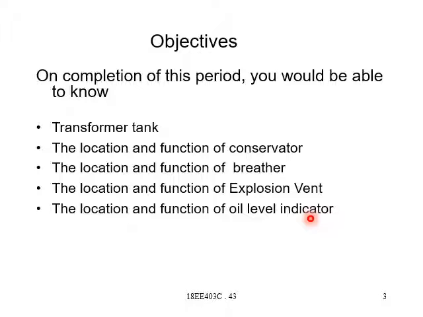These are some main features of a transformer which we have to know about: the transformer tank, the location and function of the conservator, where it should be located and what its function is, the breather, what it does and where it has to be connected, the explosion vent, its function and location, and the oil level indicator.